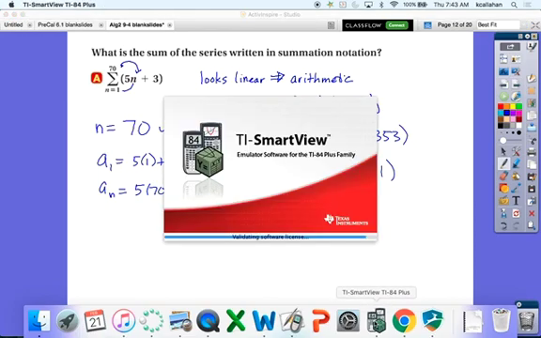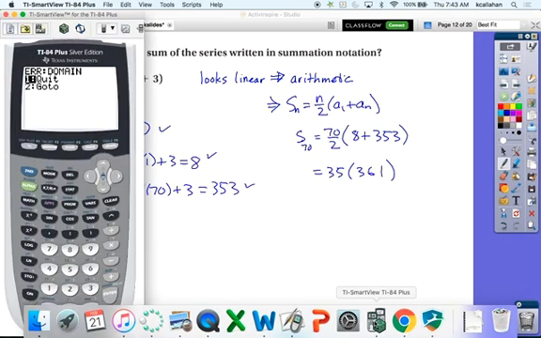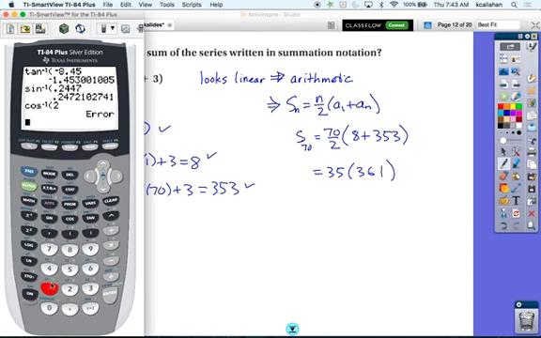Ultimately, when we take Hampton City Schools generated tests like the CSA, we're going to have to use this calculator. Can't use Desmos, although Desmos would do all of this stuff too. But we will end up using this calculator. So let's go 35 times 361. And it looks like 12,635.